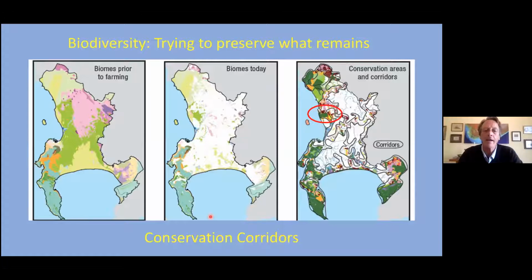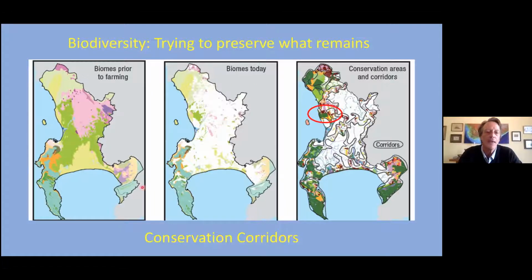In the middle diagram, it shows you what remains today after farming. And basically, you can see that this large patch of pink, which is the Renosterveld, has basically been obliterated. There are little patches of it that still remain, like on the top of the Tygerberg, and the lowland sand fynbos, shown here in this green, has also largely been wiped out.